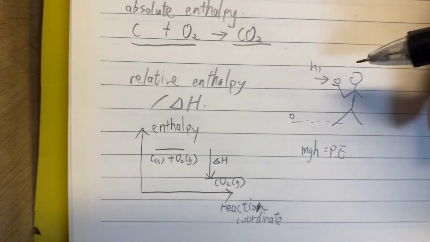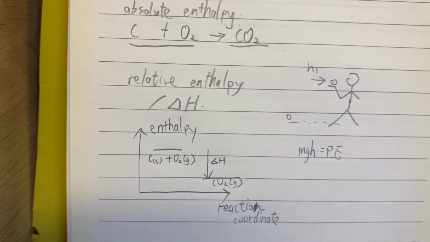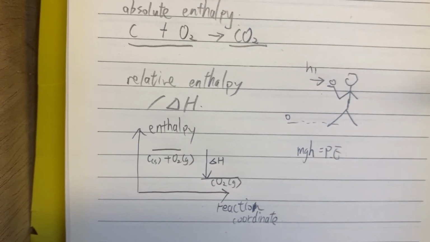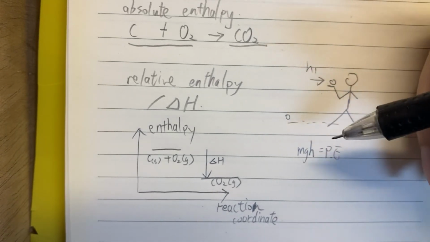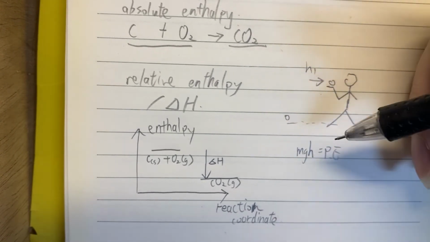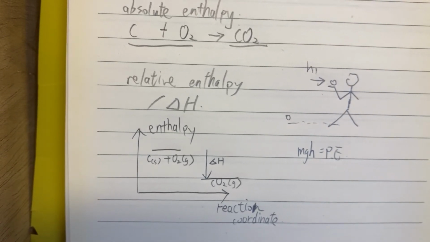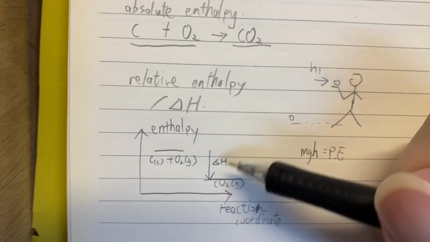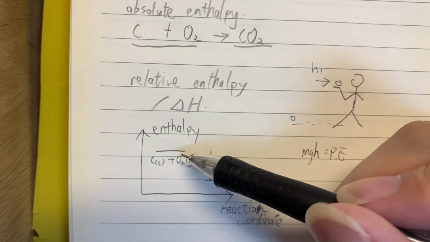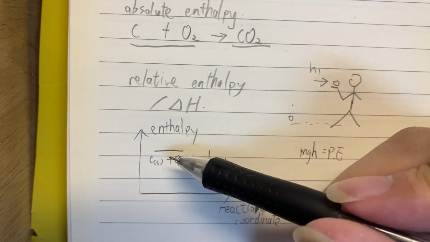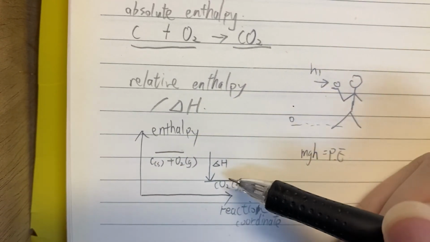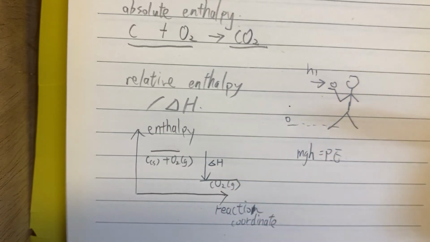However, if you only have a ball at this particular position, you cannot tell how much potential energy is stored inside. What you can do is just release it, and through the process it reaches the ground, and then you can tell the difference in potential energy. Just like in this system, for C and O2 originally, how much energy it contains, you will never know. And for this carbon dioxide in gaseous state, how much energy it contains, you will never know.